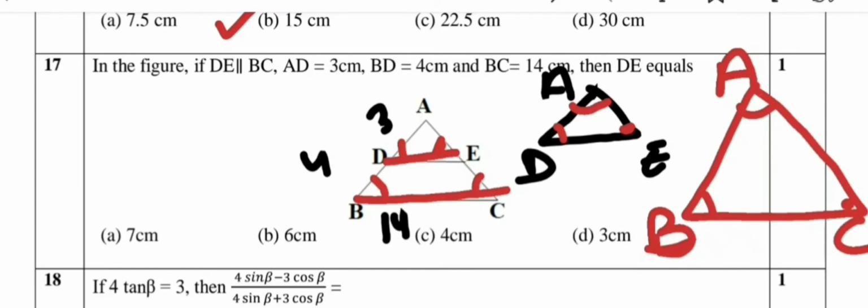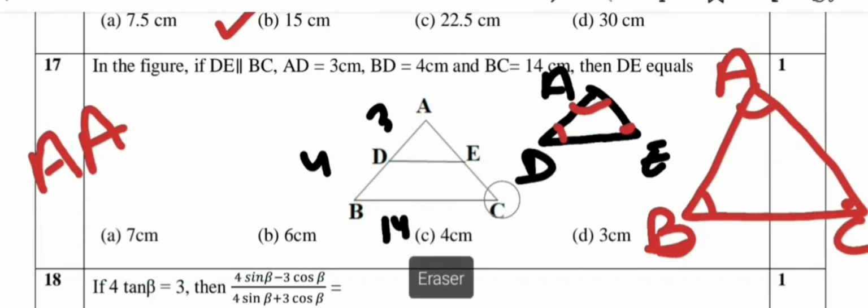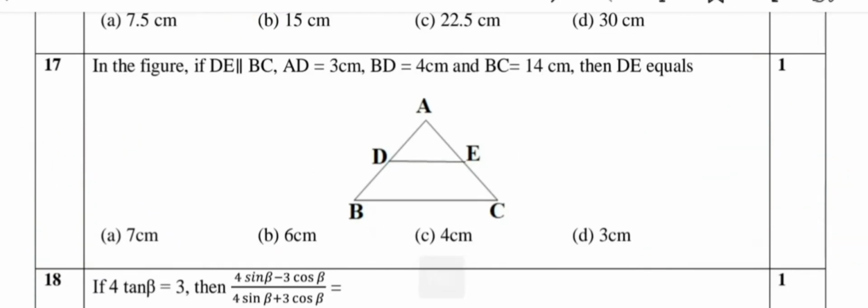So we can say angle D equals angle B, corresponding angles. Similarly, angle E equals angle C, corresponding angle. All the three angles are equal. So if two angles are equal, then by AA similarity, we can say that the two triangles are similar.